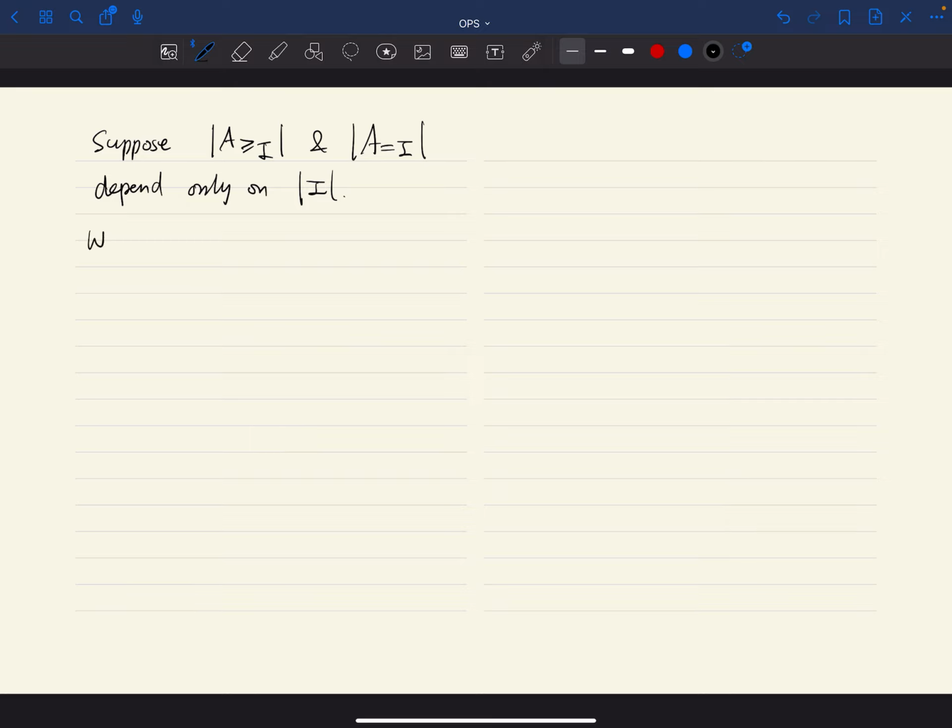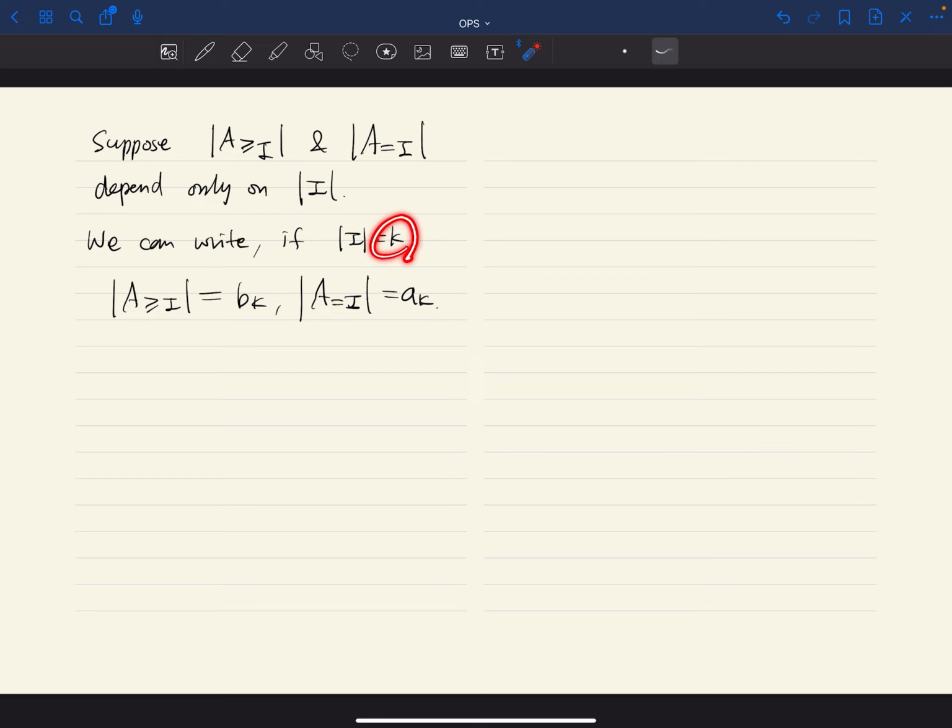Then we can write, if the cardinality of I is k, this is say b_k equals a_k, because it depends only on the cardinalities. We can write in this way. Okay.